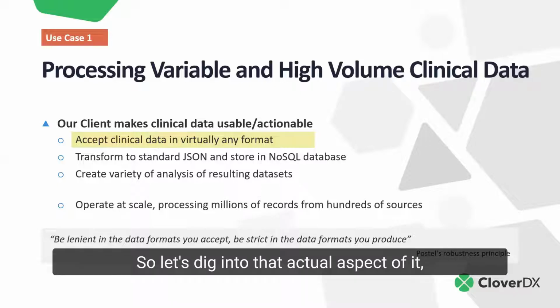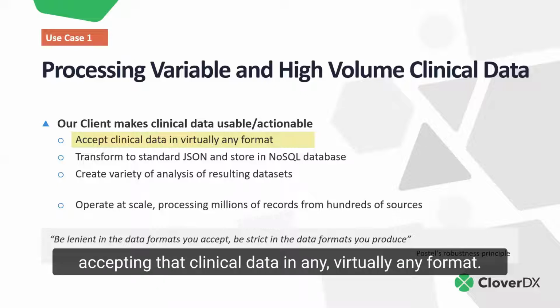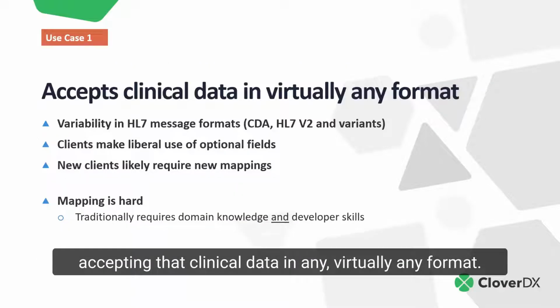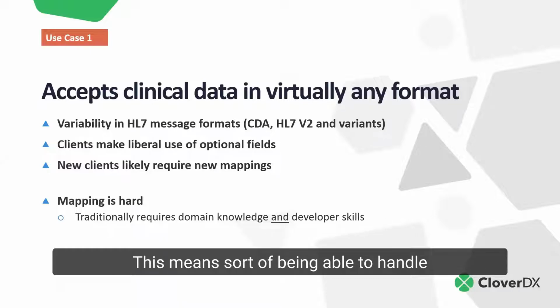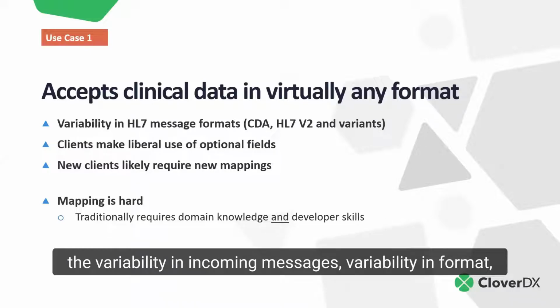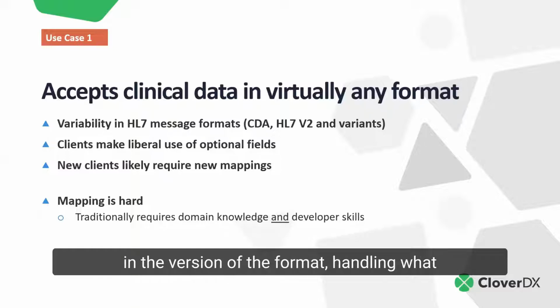So let's dig into that actual aspect of it, accepting that clinical data in virtually any format. This means being able to handle the variability in the incoming messages, variability in format, in the version of the format, handling what is often liberal use of optional fields.